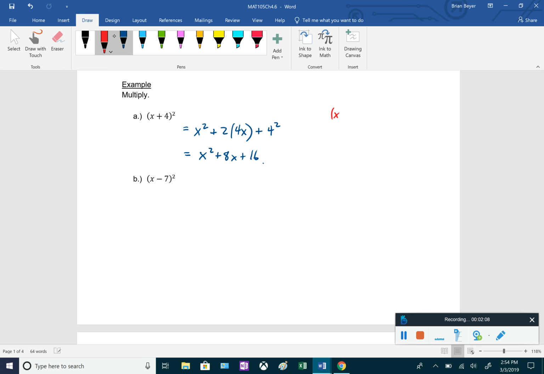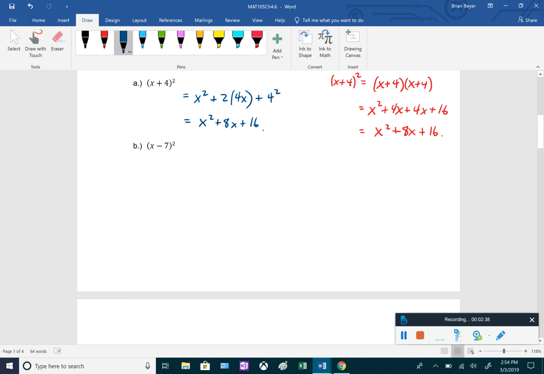And then if you did not have that memorized, you would say that x plus 4 squared equals x plus 4 times x plus 4. You would FOIL it out and get x squared plus 4x plus 4x plus 16. And then you would combine those two middle terms to get x squared plus 8x plus 16, which is obviously what we just got.